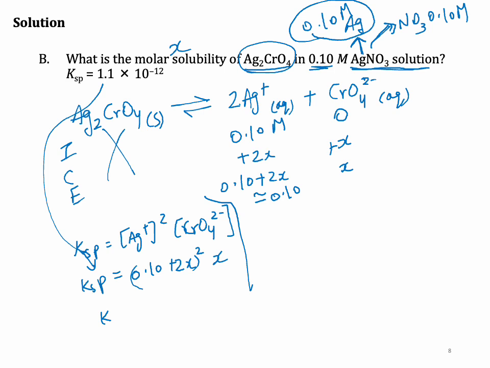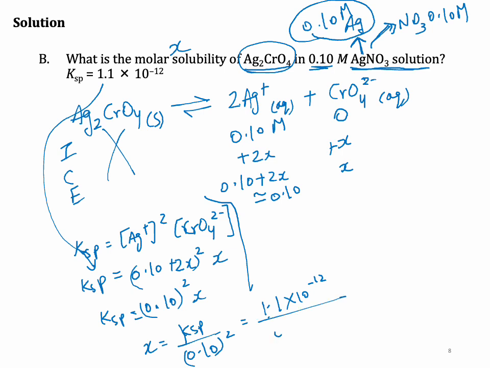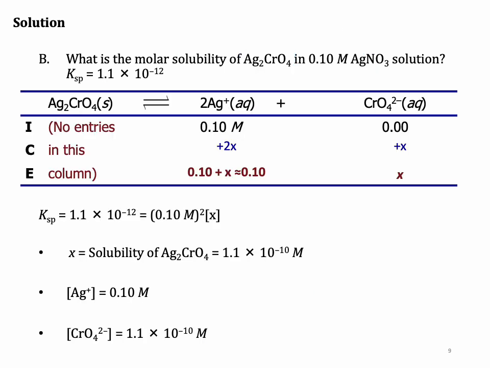So our equation is reduced to Ksp equals 0.10 squared times x. So x will be Ksp divided by 0.10 squared, which is 1.1 times 10 raised to the power minus 12 divided by 0.10 squared, which basically gives us x as 1.1 times 10 raised to the power minus 10.